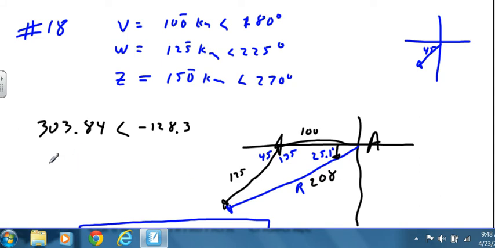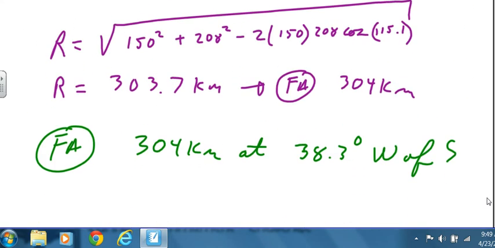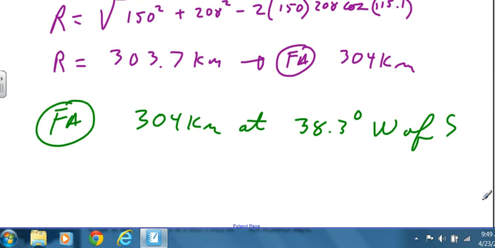So this would be 304, because I only have 4 significant digits, and 38.3 west of south. Is that what I had? Yes, it is. So our calculator makes this entire chapter a whole lot better than we could possibly think.